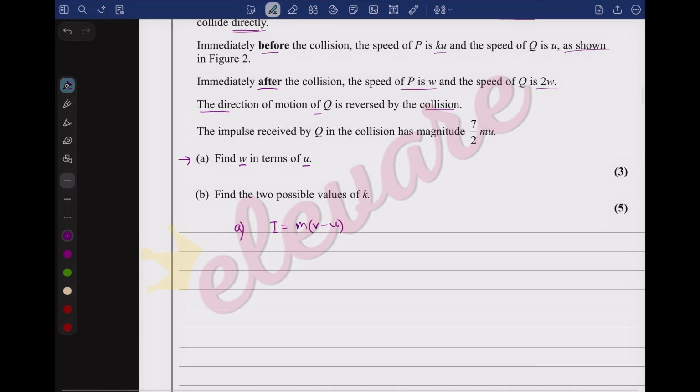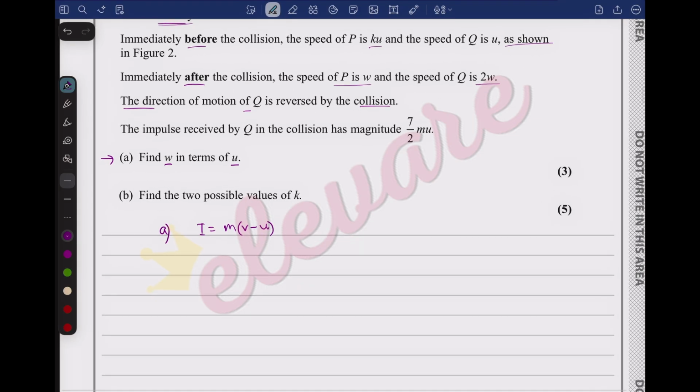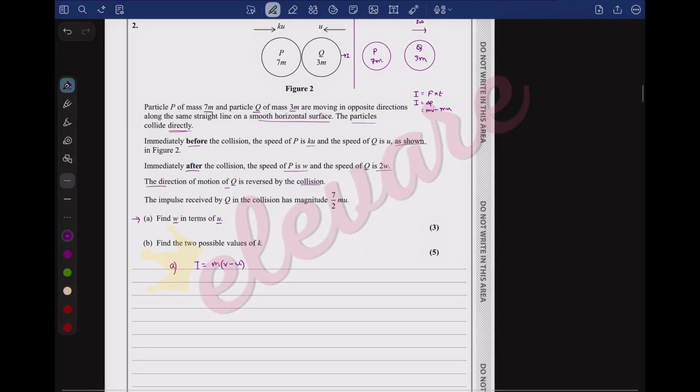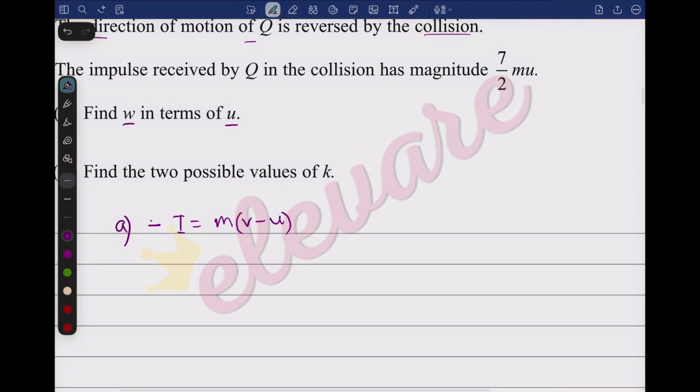So whenever you have an equation with vector quantities, direction matters a lot, and you're going to have to consider a certain direction as positive. It's usually best if you consider the direction of the impulse as the positive direction, but sometimes you can choose other directions as well. I would suggest sticking to considering the impulse direction as the positive direction. So we'll do that. I'm just going to write that down like this: left and positive. If I was to consider the right side as positive, I would label it like that.